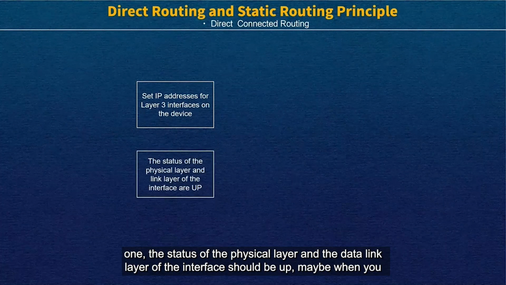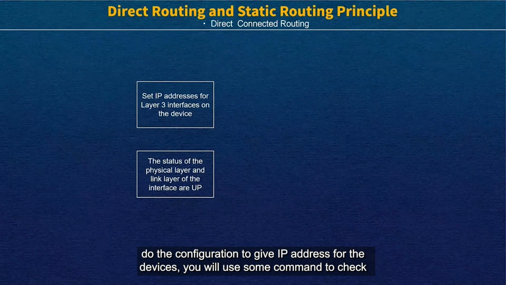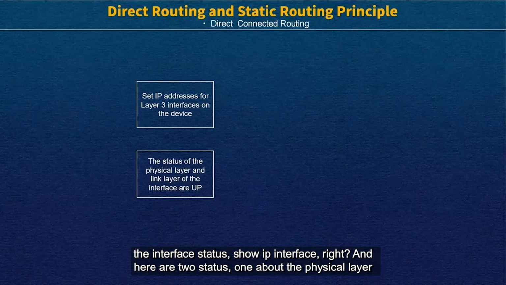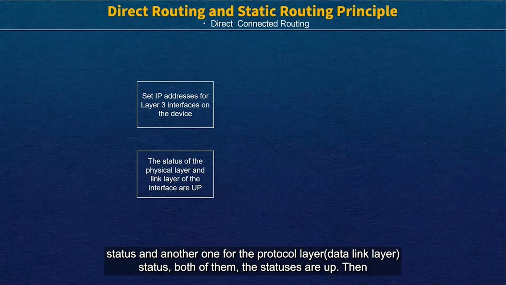The second one: the state of the physical layer and the data link layer of the interface should be up. When you configure the IP address for the devices, you will use some command to check the interface status, show ip interface, right? Here are two statuses, one for the physical layer and another for the protocol layer.